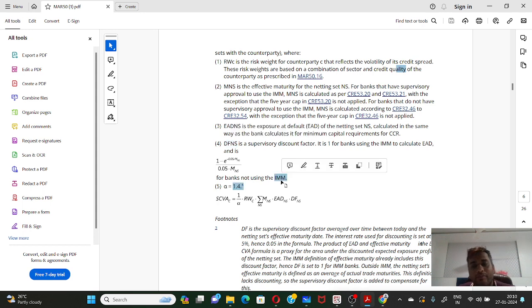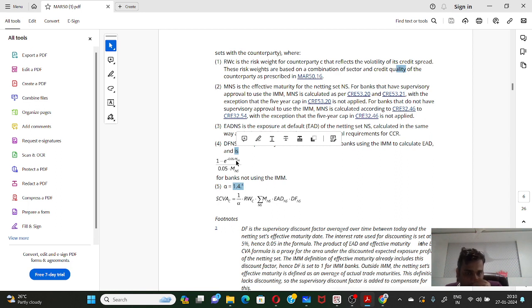Some banks have supervisory approval to use an internal market model. If that is the case, they use one as a multiplying factor. If the bank does not use any internal market model, then they have this formula, which is a function of MNS, which we just computed earlier, and so on.